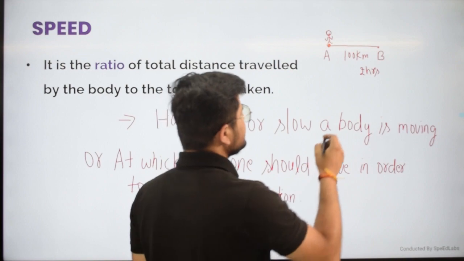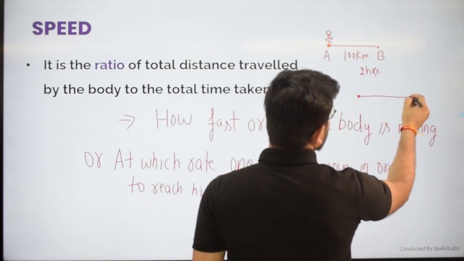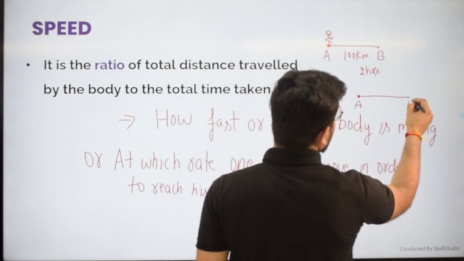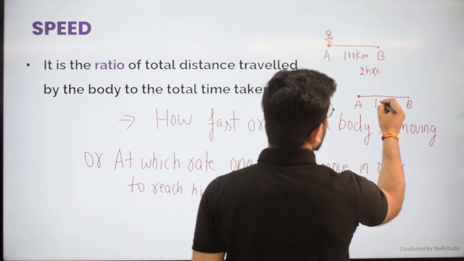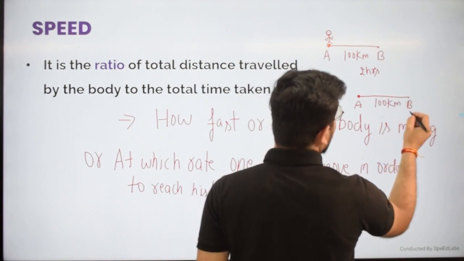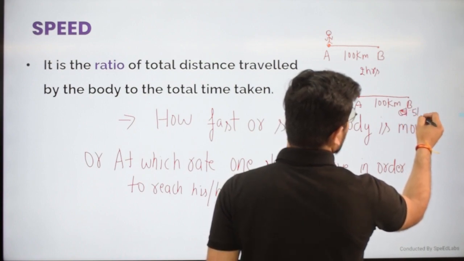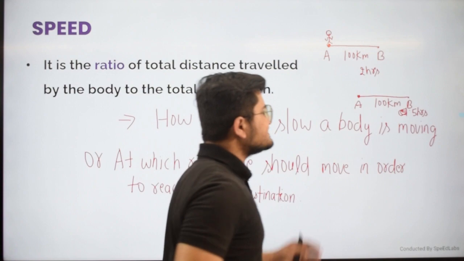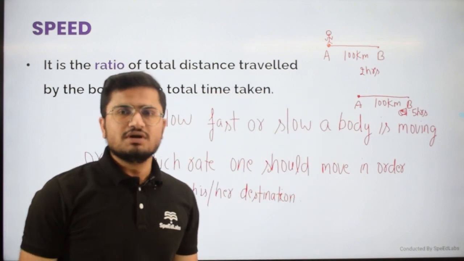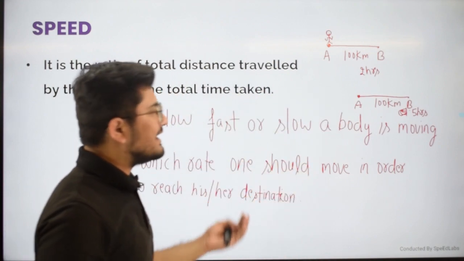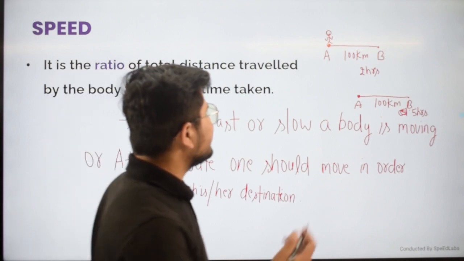There is one more person who also covered the same distance, this AB, 100 kilometer, and he took around 5 hours to cover the same distance. Speed is distance covered by a body in unit time, distance upon time.